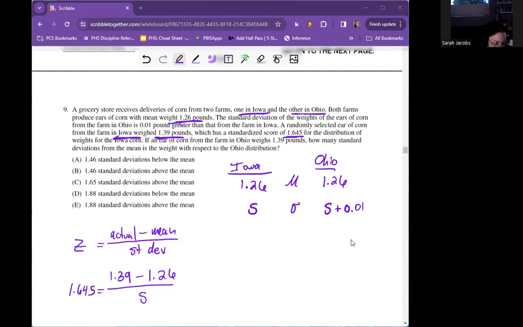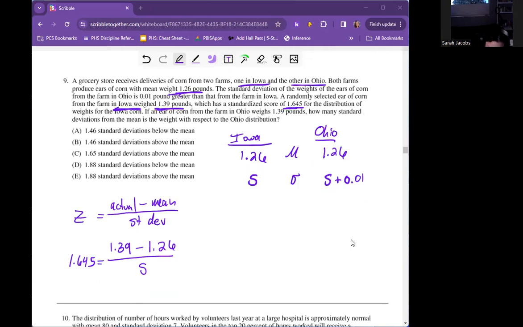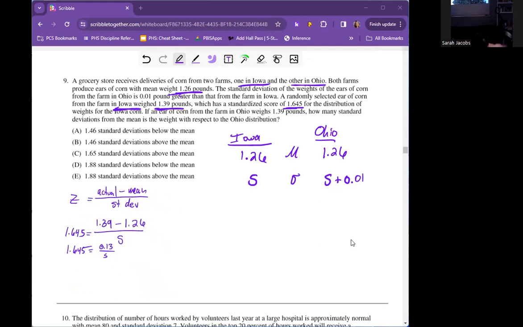Now it's just algebra, which I know can be challenging, but we'll survive. So 1.39 minus 1.26 gives us 0.13 over S, equals 1.645. Realistically, the S and that are going to switch, but let's show it happening. So times S on both sides, these are going to cancel out.